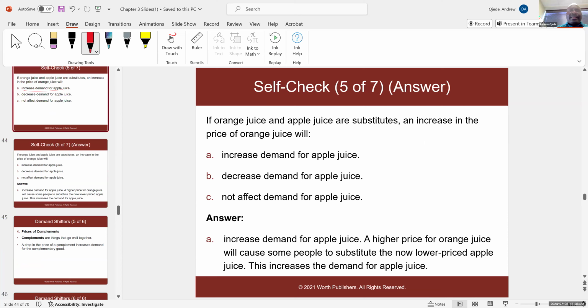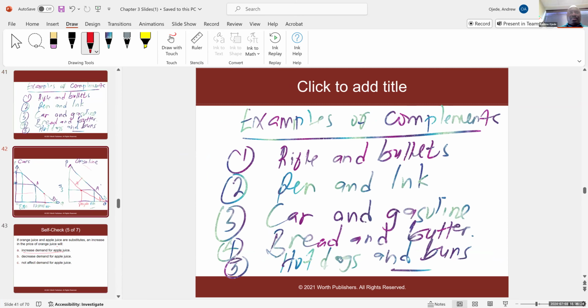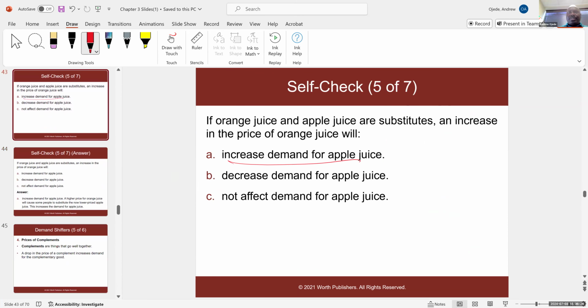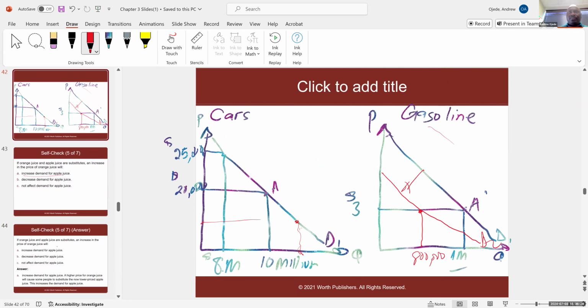I already explained that in this graph here. If you go back here, that's what we just talked about. Gasoline and cars are complementary goods. So if the price of cars goes up, that means fewer people buy cars, then the demand for gasoline is going to fall.